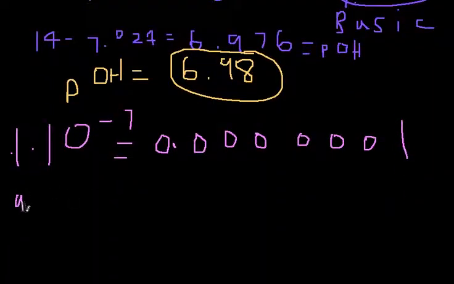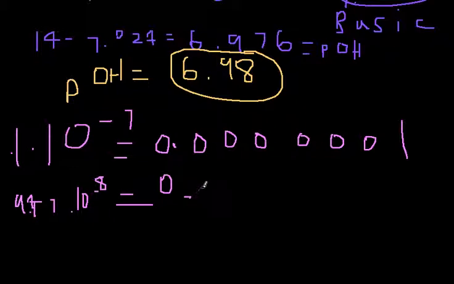That's 9.47 times 10 raised to the negative 8, and if you expand this out, you get 0.0000000 with seven zeros, and then 9, 4, 7. You see these numbers?